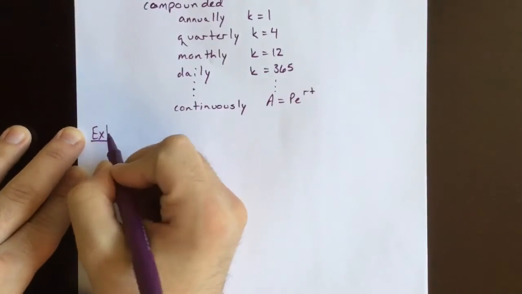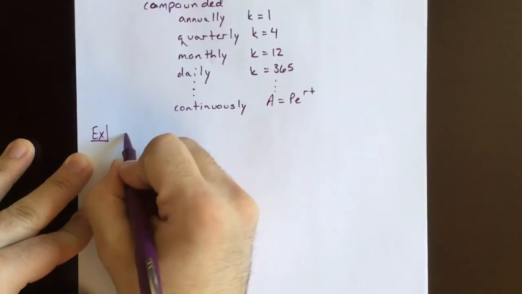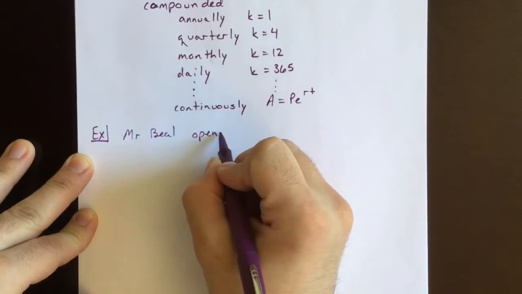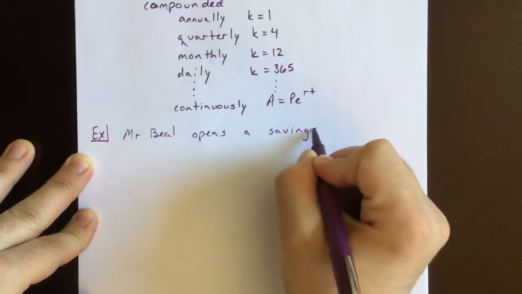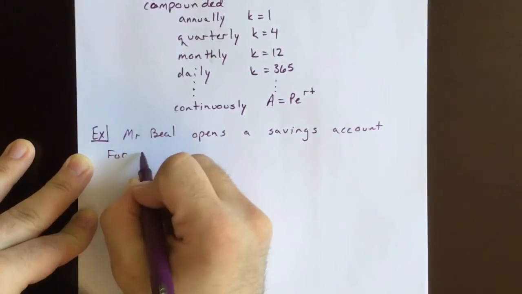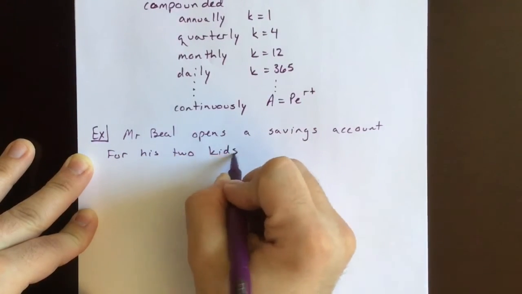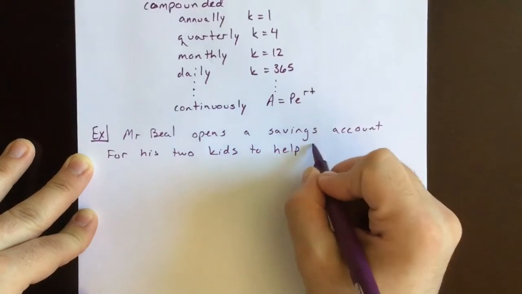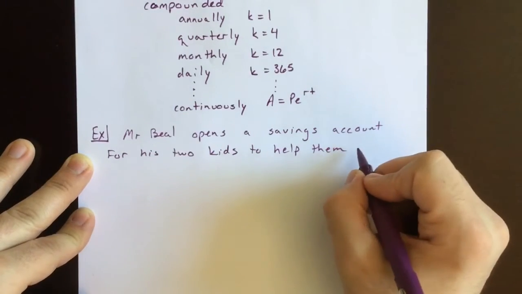So I made this example more for my curiosity. I was curious as to see what would happen. So let's say I open a savings account for my kids. This is basically to help them with their college tuition.